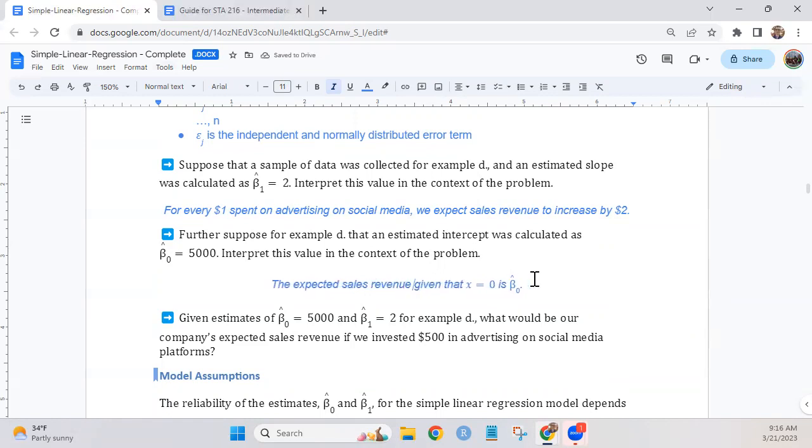Or we can just say, as long as we put dollars at the end here, the expected sales revenue given that. And then how could we say this in like everyday words rather than 0? Yeah, given that no money is spent on social media advertising.